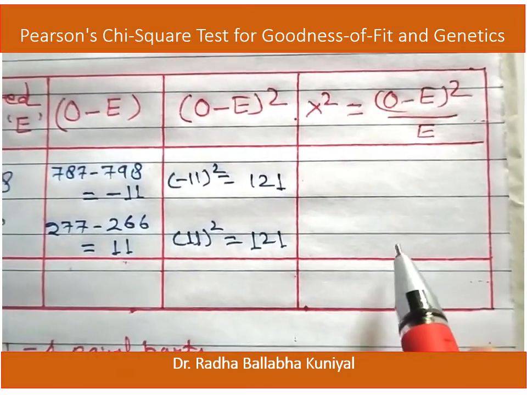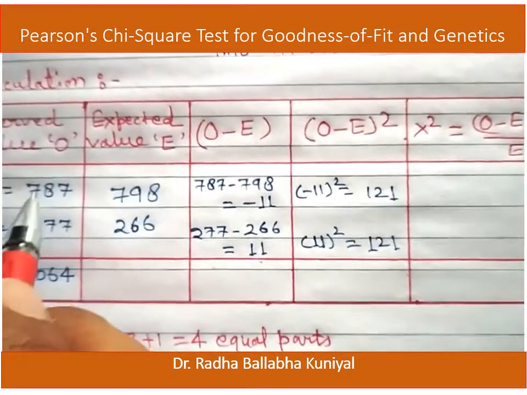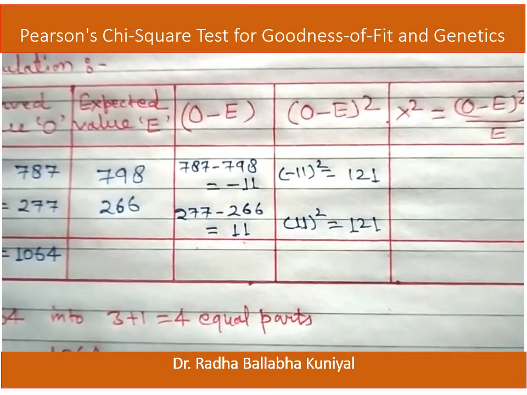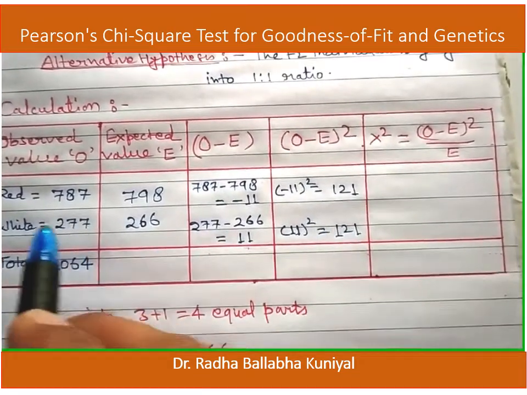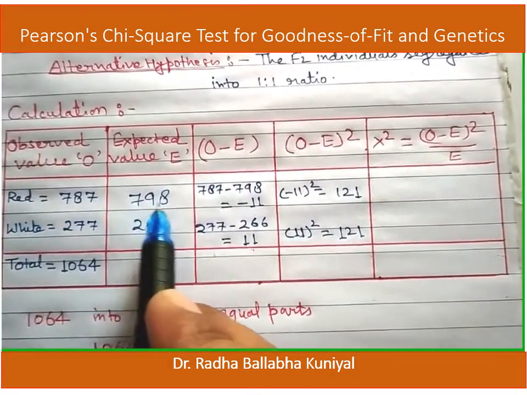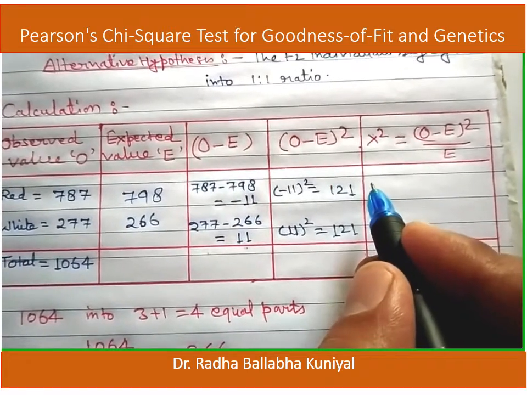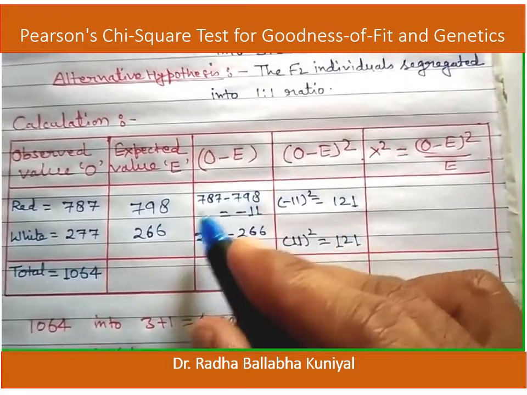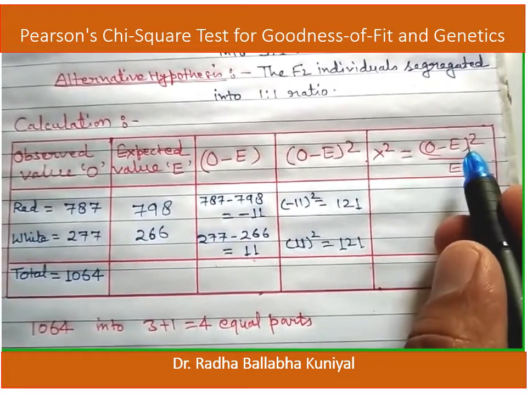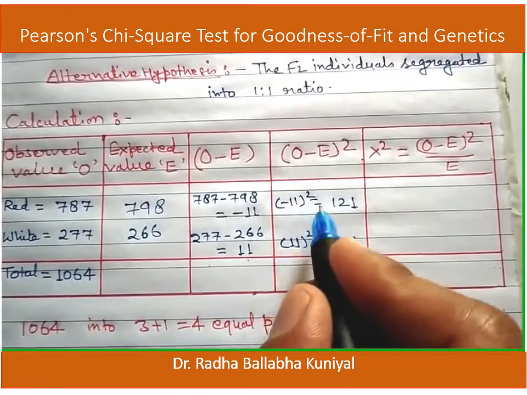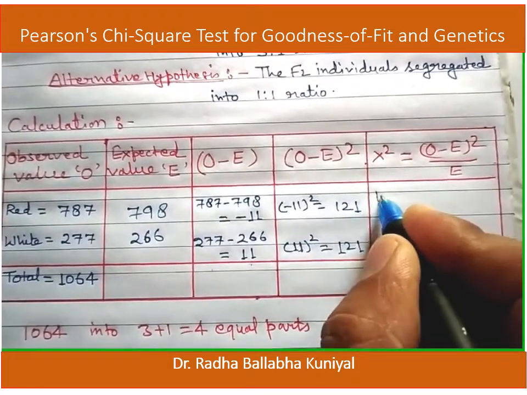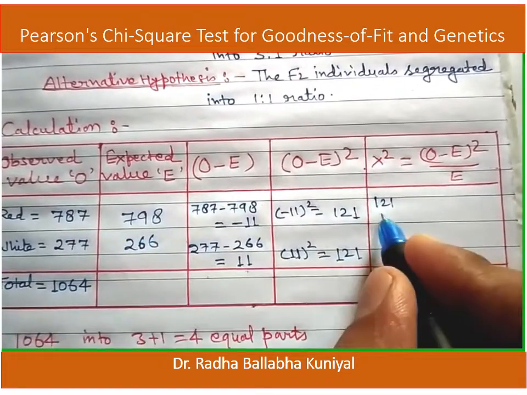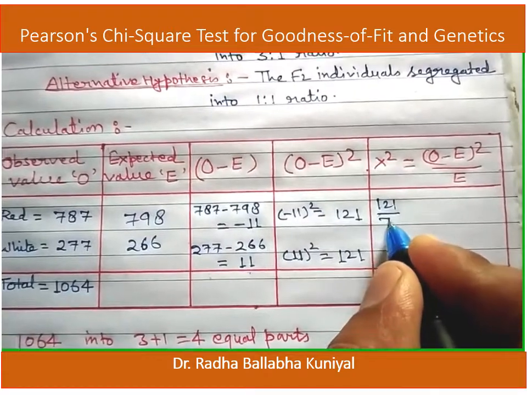Now in this column we will calculate the chi-square value for each variable. The first variable is red flower pea plants. To calculate the chi-square for this variable, we will put the values into this formula. Here the whole square of O minus E value is 121, and the expected frequency E is 798.